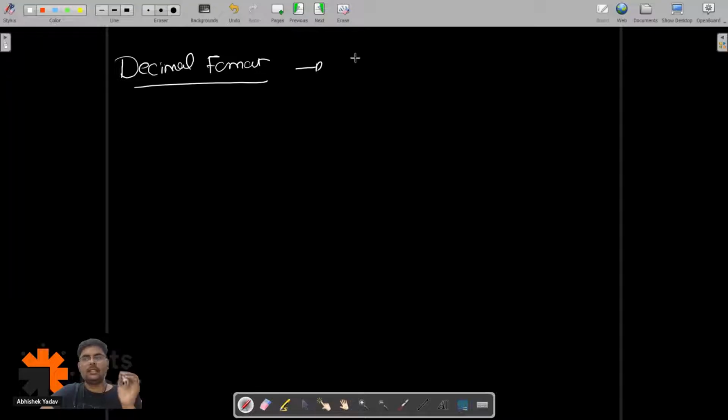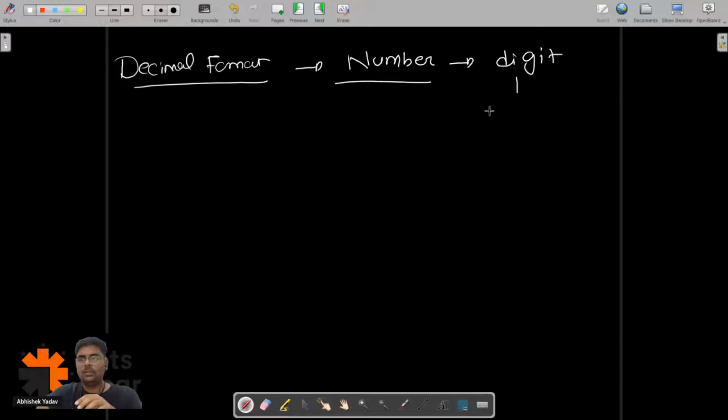Okay, so basically we have different formats. That is our decimal format, right? Decimal format means you have to create a number, and you can create that number with the help of digits from 0 to 9.